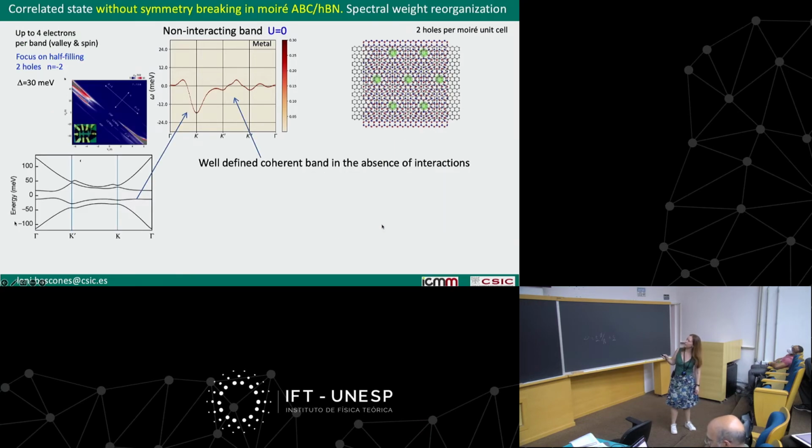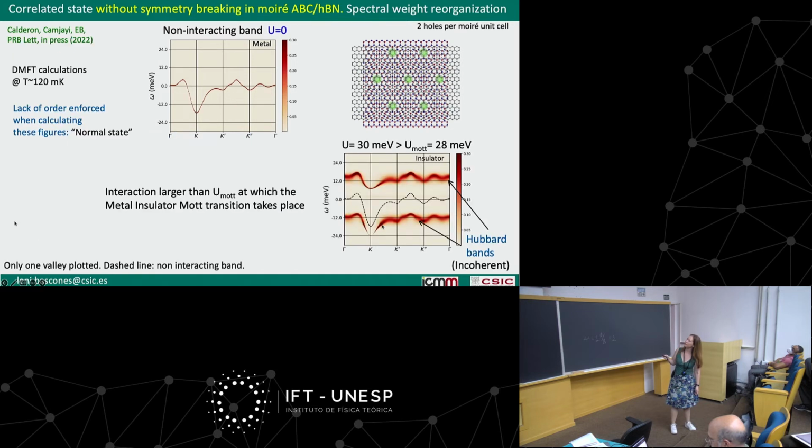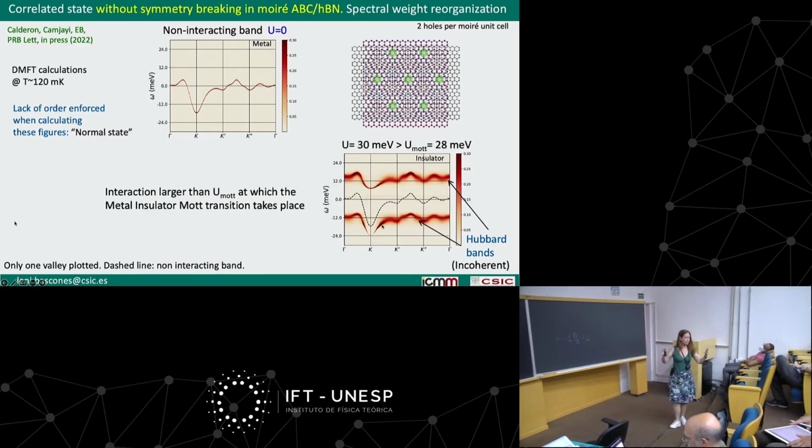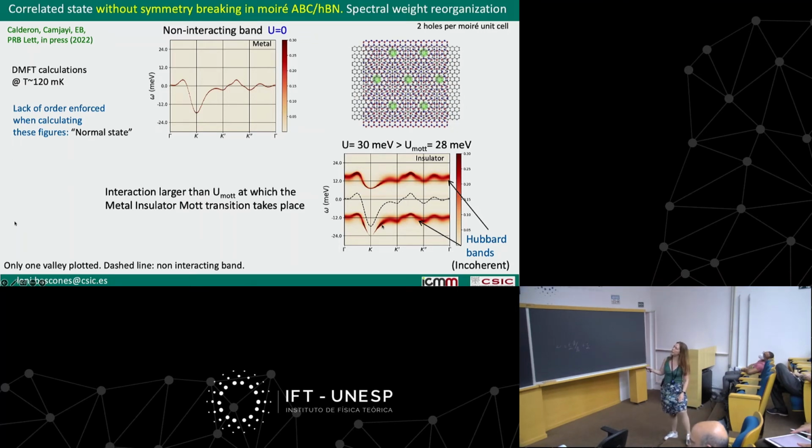Then if we now switch on the interactions, first I'm going to put an interaction which for this system is possible, doable, it's not clear, but it's probably maybe a bit large. So somehow what you can see here, as I was telling you before, is that the interactions are going to alter our band structure.